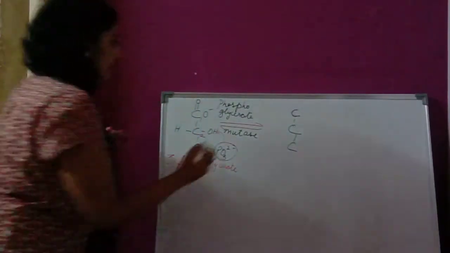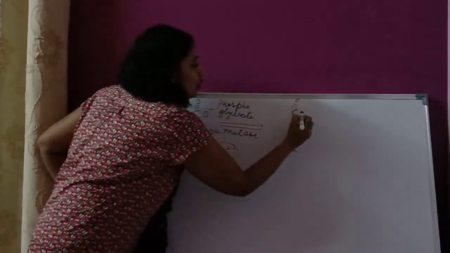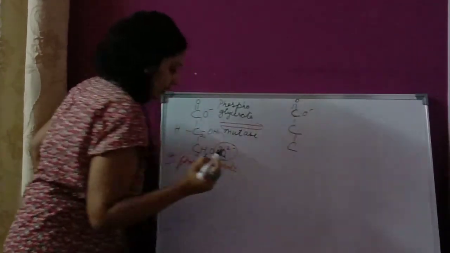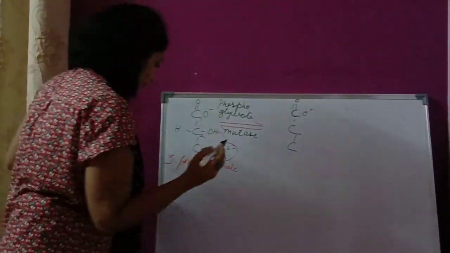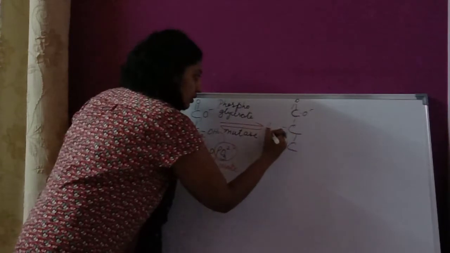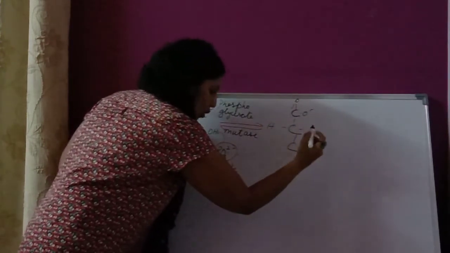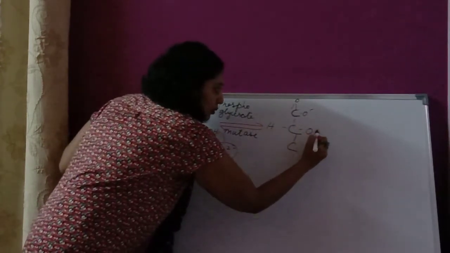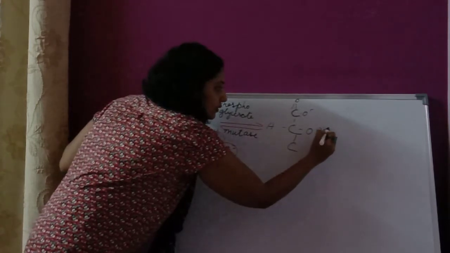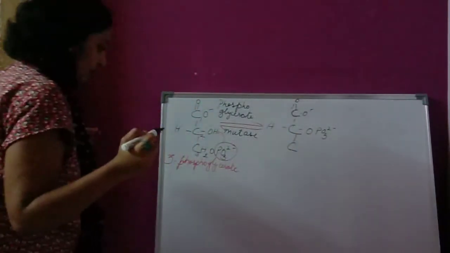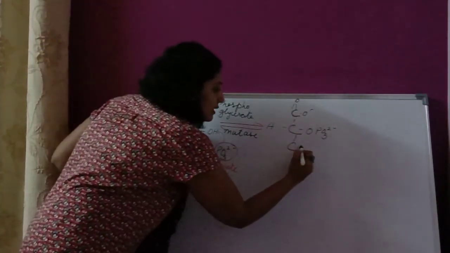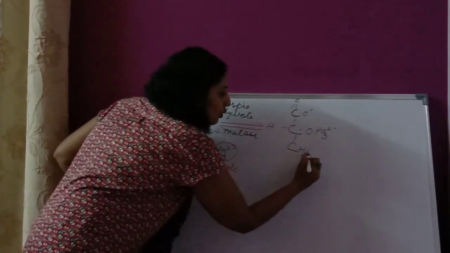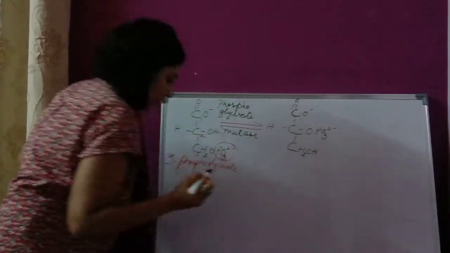Okay. C double bond O, O minus. Second carbon atom H, O, PO3, 2 minus. Third carbon atom, it is CH2OH.